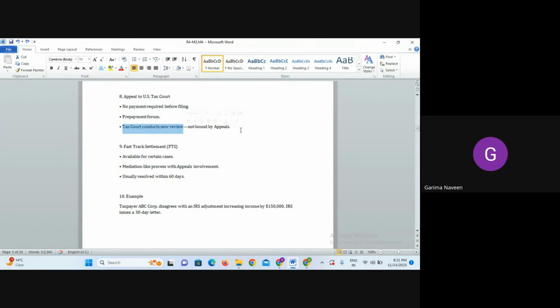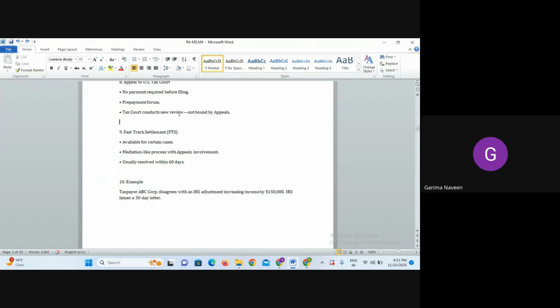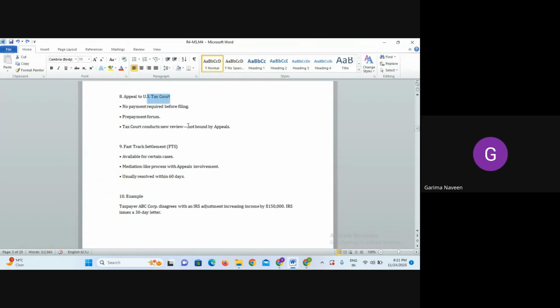Basically, they only conduct federal tax cases. Second, they will not ask you for any payment before the petition. You may not have to pay anything to the court before the taxpayer goes to court. You have some trials also. So this is what happens in the US tax court.